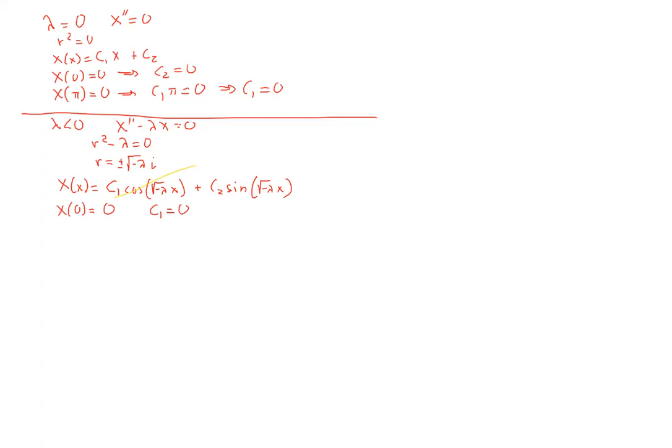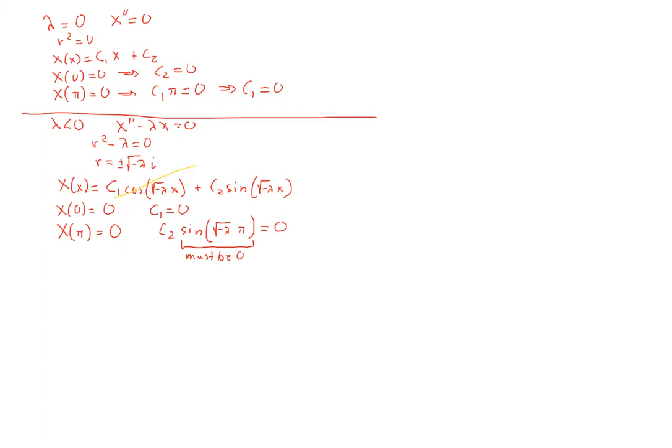So then when you want to ensure the second condition, which is x of pi is equal to 0, now that you know that C1 is 0, what you need to ensure is that C2 sine of square root of negative lambda times pi is equal to 0. And of course, your only hope here is that this number has to be 0.